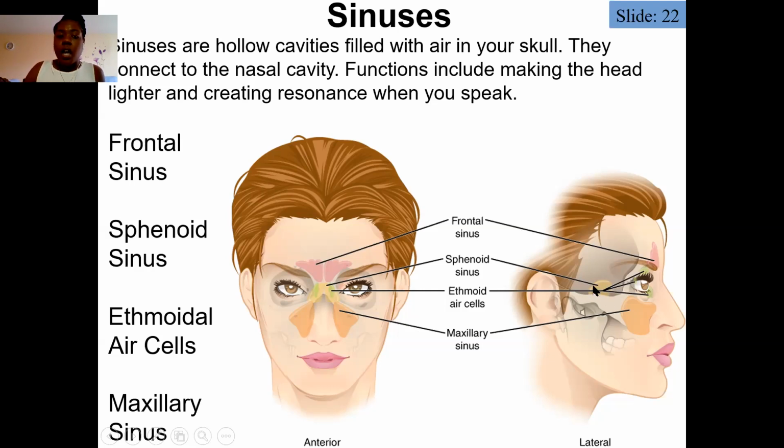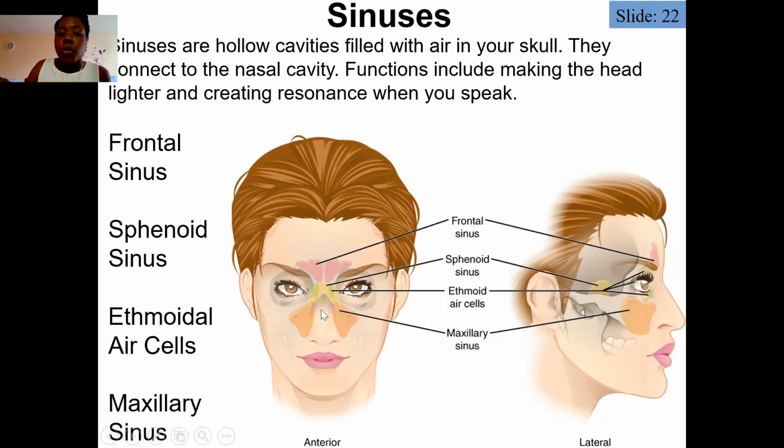We've got the ethmoidal air cells, which are really not one big sinus, but very tiny air pockets found on either side of the ethmoid bone. And they can be seen here in green. So we want to distinguish the green sinuses, the tiny ethmoid air cells, from the sphenoid sinus, which is much more posterior. And then lastly, we've got the biggest sinuses, which are the maxillary sinuses.